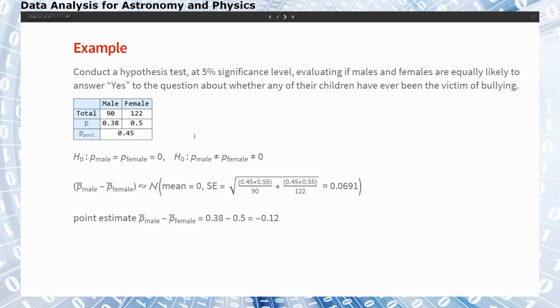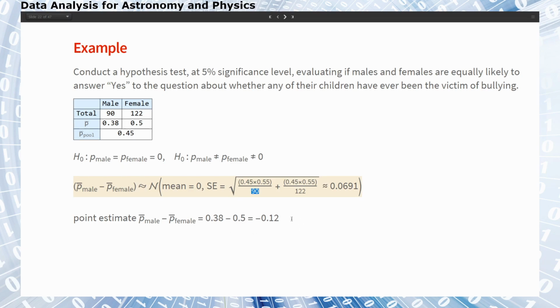After confirming that the conditions for the test are met, we find that the difference P bar male minus P bar female should be distributed according to a normal distribution with mean 0, because the null hypothesis states there is no difference, and the standard error of 0.45 times 0.55 divided by 90 plus the similarly computed standard error for the second proportion, giving us a standard error of 0.07.